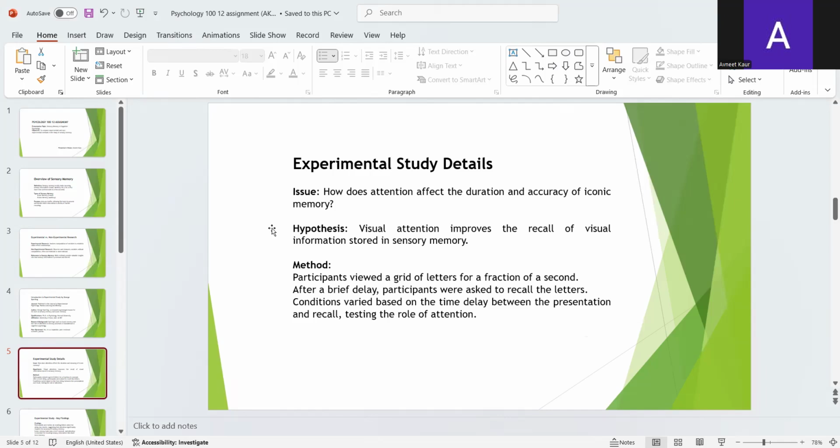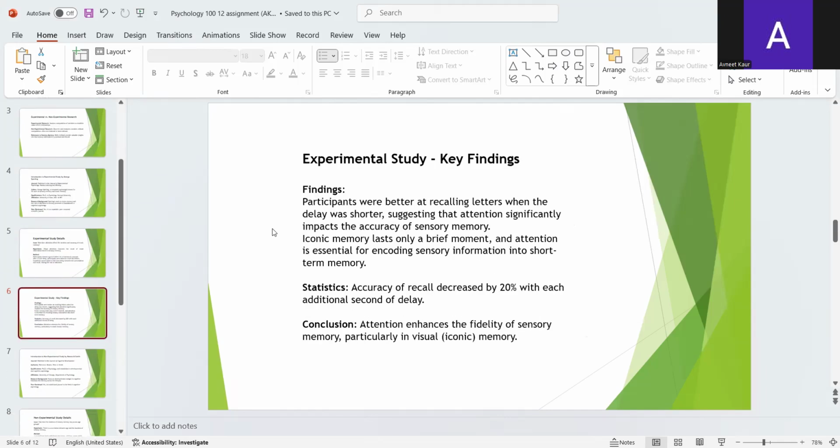In this method, participants viewed a grid of letters for a fraction of a second. After a brief delay, participants were asked to recall the letters. The conditions were varied based on the time delay between the presentation and recall. So it is mainly based on testing the role of attention.